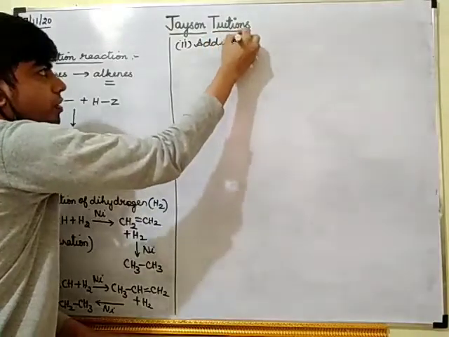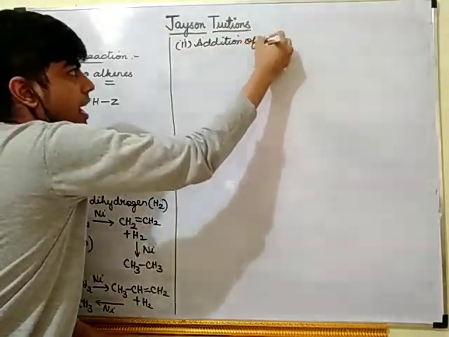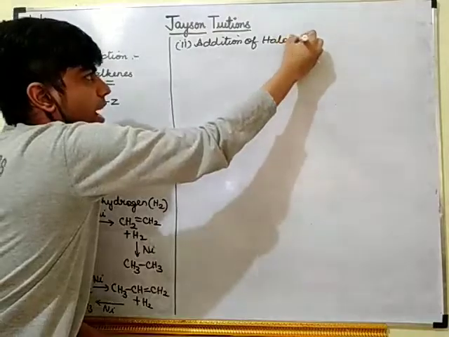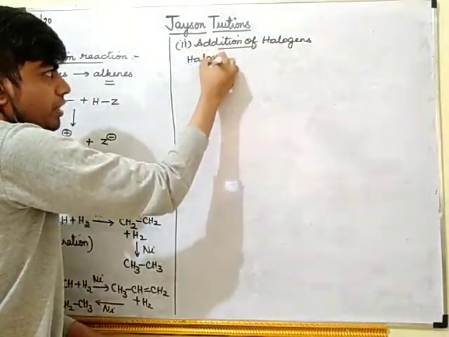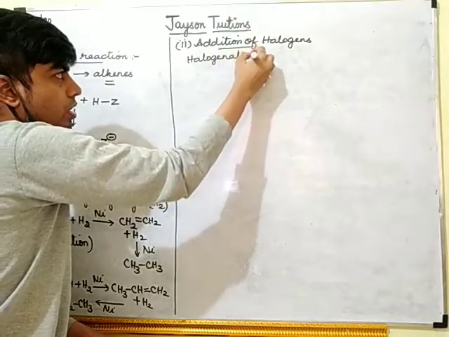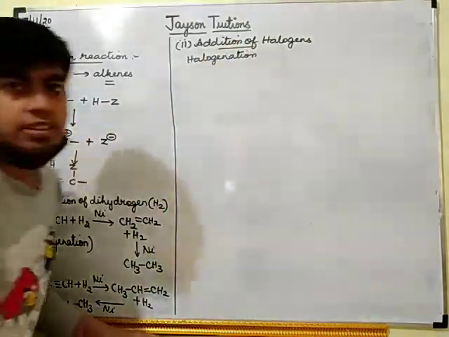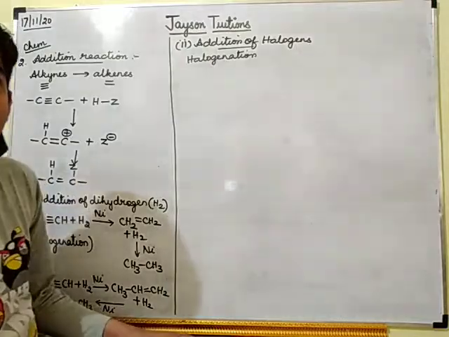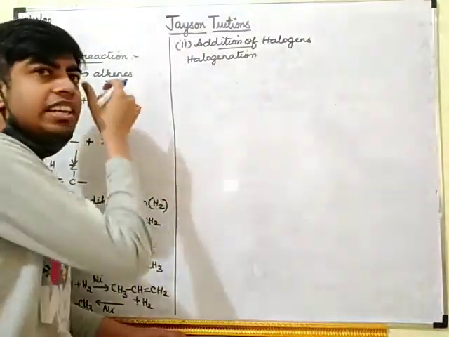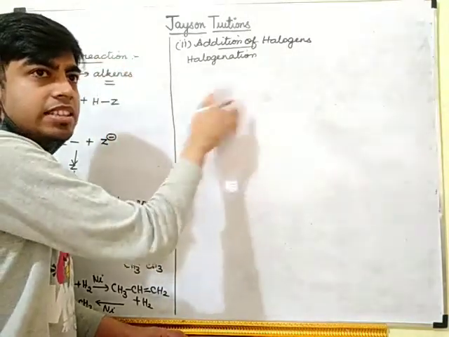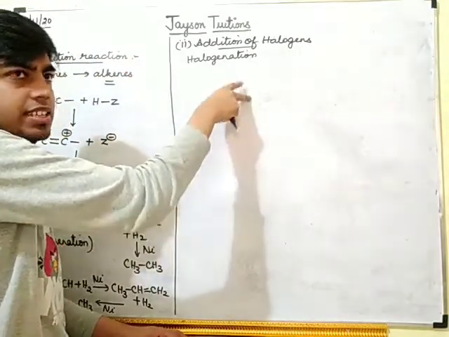Addition of halogens is called what? Halogenation. So addition of halogens, it will form vicinal dihalides. Okay, vicinal dihalides. Vicinal dihalides means what? The halogens will be added to the next carbon.